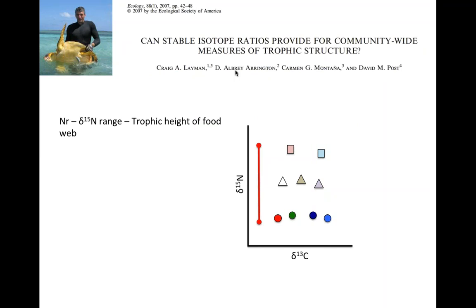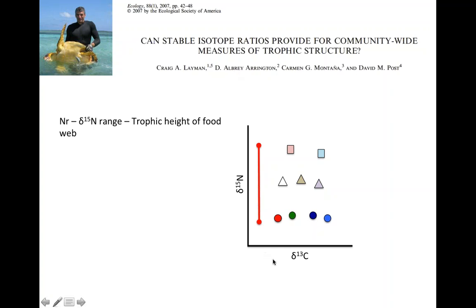So to get back to Craig Layman's stats, we're going to talk about Craig Layman. What they wanted to do was take things a step further and say, okay, well, we know we've got our isotope plots.